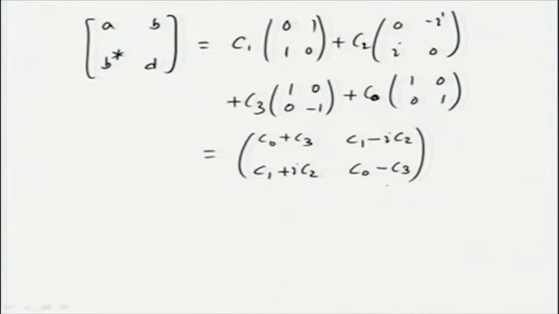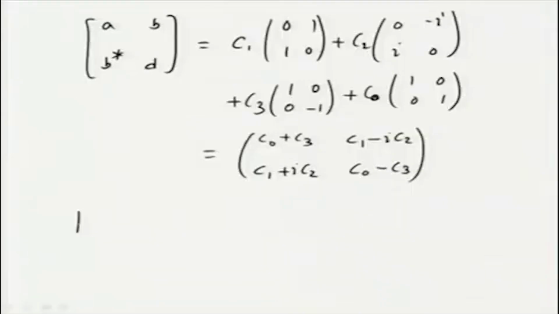What does this mean? Otherwise, this is arbitrary. C 1 can be any number, C 2 can be any number, C 0 can be any number, C 3 can be any number, which says that a general 2 by 2 Hermitian matrix can be written as a combination of these 4 matrices. They are called the Pauli matrices.